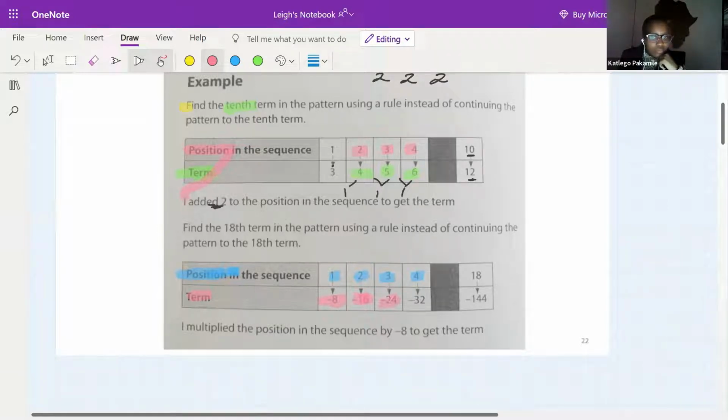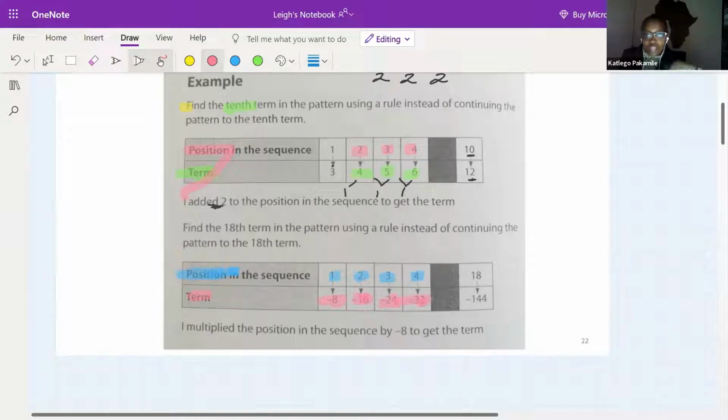Oh, sorry, ma'am. My hand was for the one that Tyler said. But term number 4 is, ma'am, which term number 4? The bottom one, okay. At the bottom, yes. -32. There we go. So it's -32.